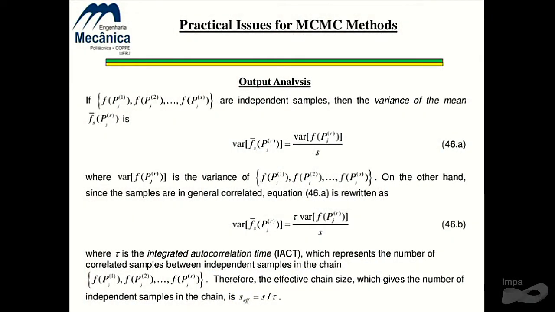This is reflected here because this number tau, the integrated autocorrelation time, represents the number of states that we need to get an independent sample of the chain. We saw how to compute tau using the normalized autocovariance function.